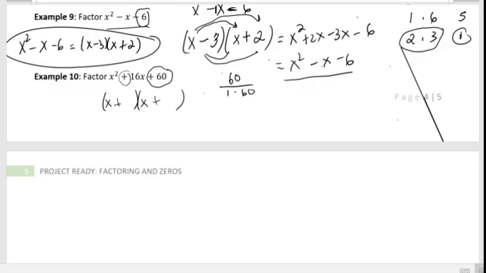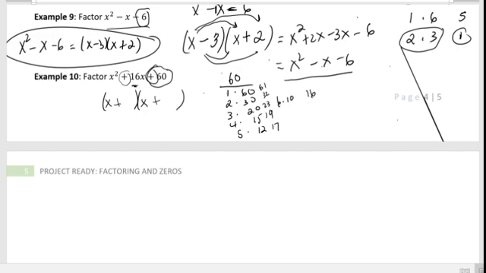So I can get 60 by multiplying 1 times 60, 2 times 30, 3 times 20, 4 times 15, 5 times 12, 6 times 10. And so since I have a plus here, I'm looking at the sum. If I add these, 60 plus 1 gives me a 61. 30 plus 2 gives me 32. 20 plus 3 gives me a 23. 15 plus 4 is a 19. 5 plus 12 is 17. 6 plus 10 is 16.